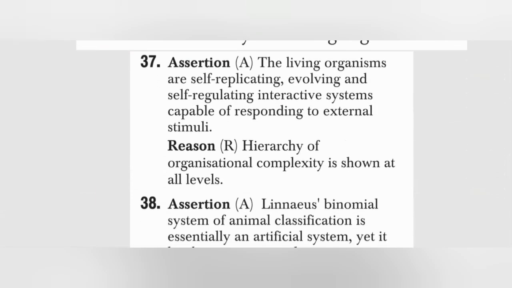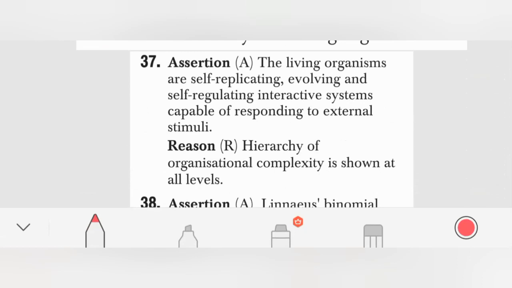the living organisms are self-replicating, evolving and self-regulating interactive systems capable of responding to external stimuli. Okay, and reason: hierarchy of organizational complexity is shown at all levels. So what will be the answer?